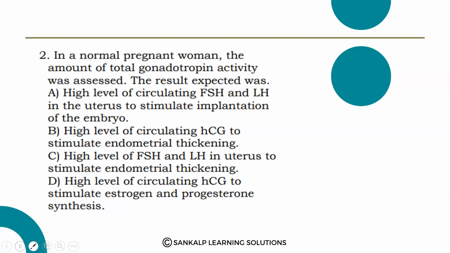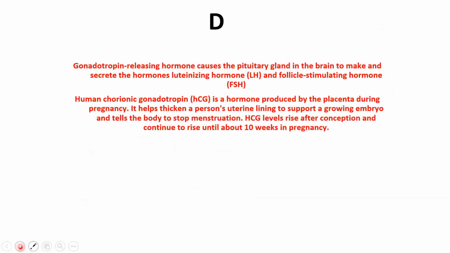The right answer here is option D. GnRH, gonadotropin releasing hormone, causes the pituitary gland in the brain to become active and secrete hormones like LH and FSH. Human chorionic gonadotropin hormone, which is called HCG, is a hormone produced by the placenta during pregnancy.